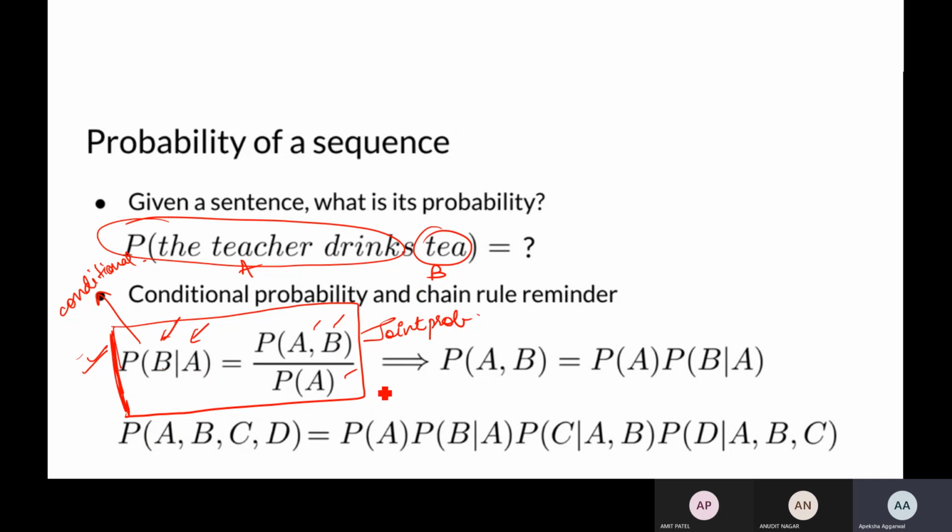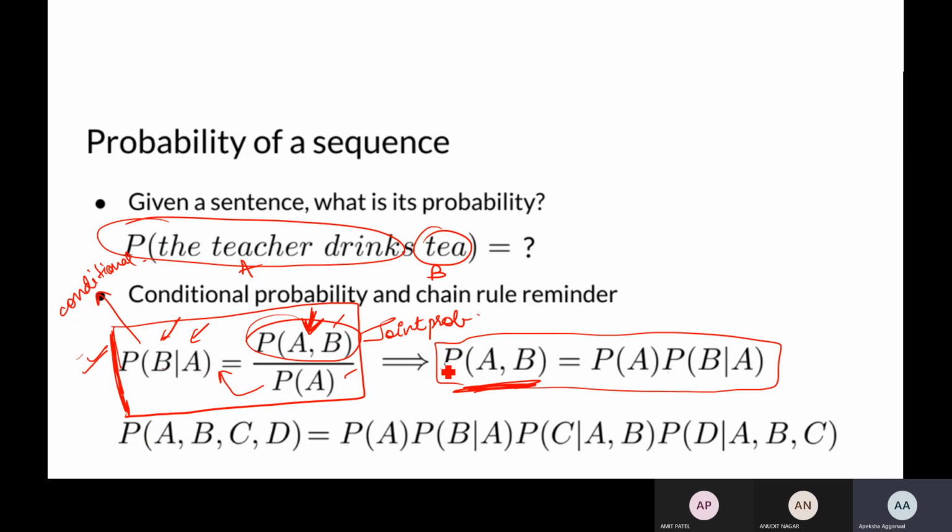So the joint probability of the occurrence of the whole sentence can be calculated from here. If you move this term over here, the probability of occurrence of A and B together is equal to P(A) into P(B given A). So we can replace it like this.